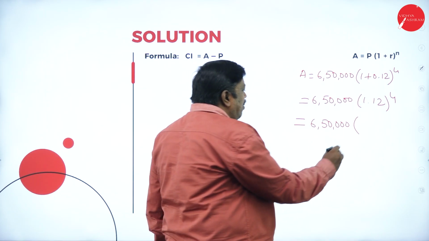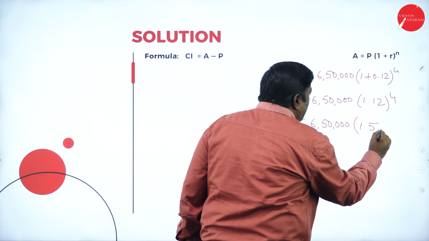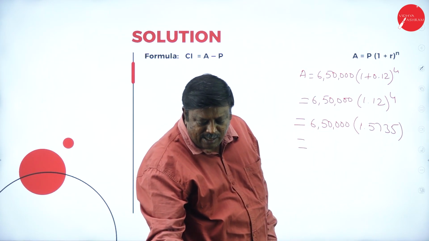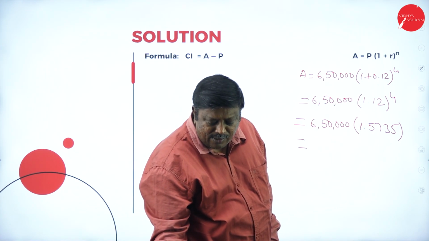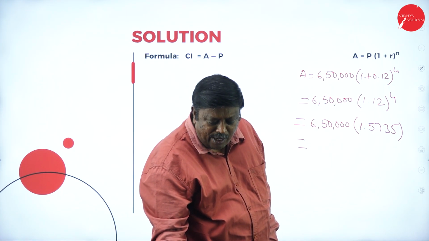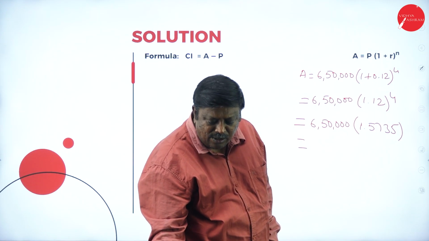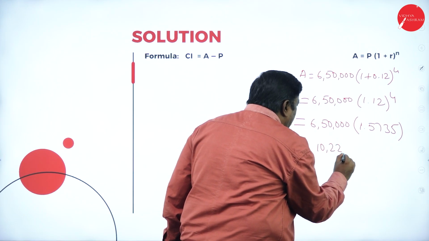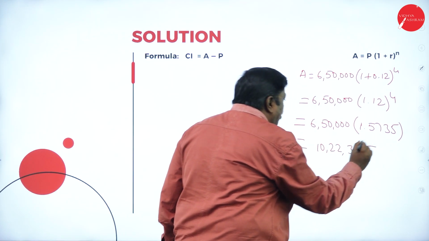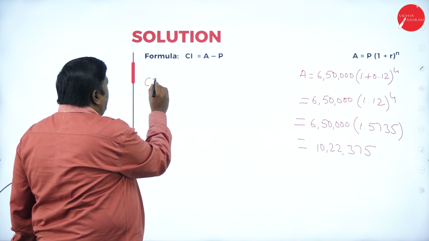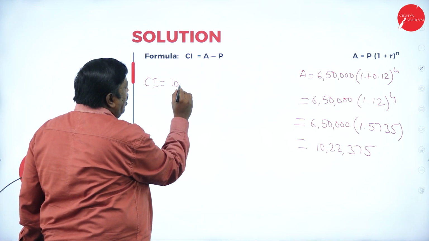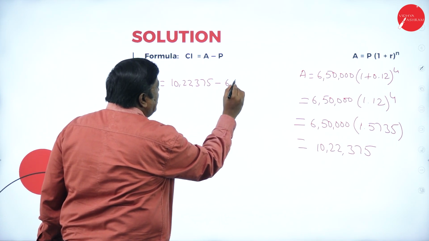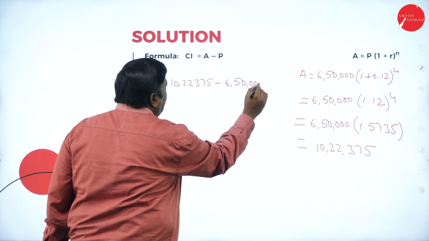So 1.5735. 6,50,000 into 1.5735. So amount will be 10,22,375. My compound interest will be 10,22,375 minus 6,50,000.